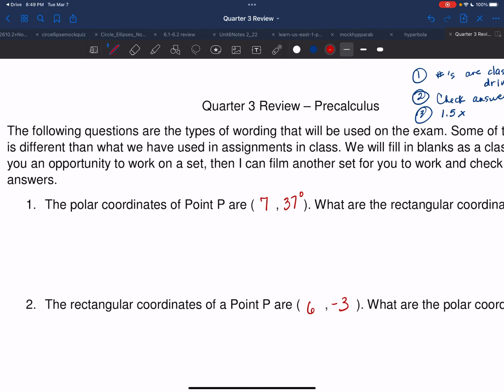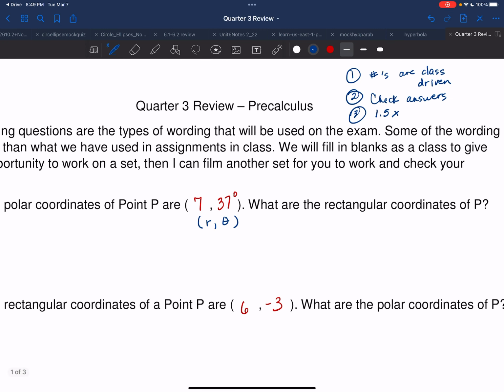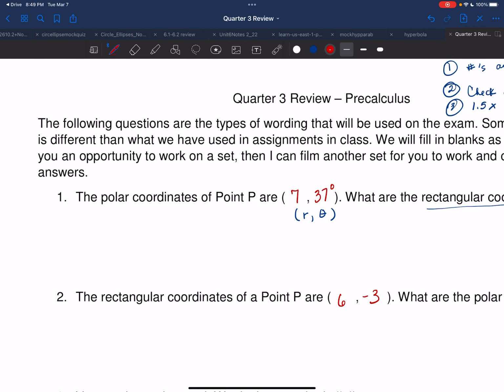So the first one says the polar coordinates of point P are 7, 37. So this is that format r, theta. What are the rectangular coordinates of P? All right, so here's where my process is going to be in red. If I want to find my x value, that's going to be r cosine of the angle.